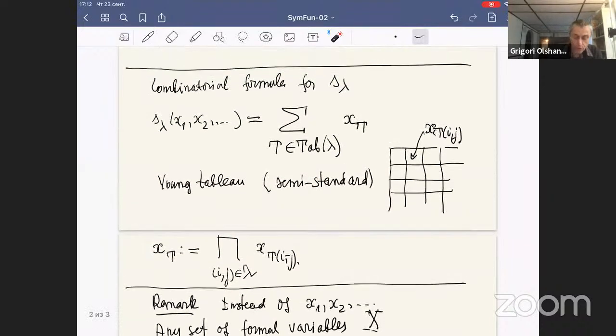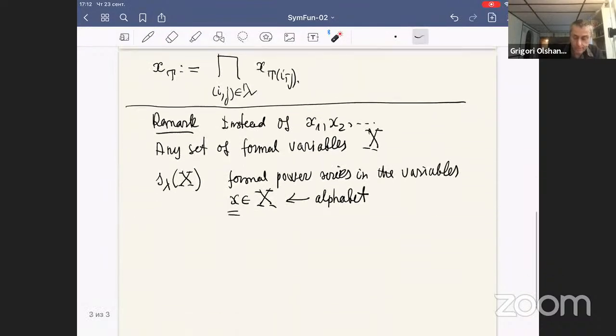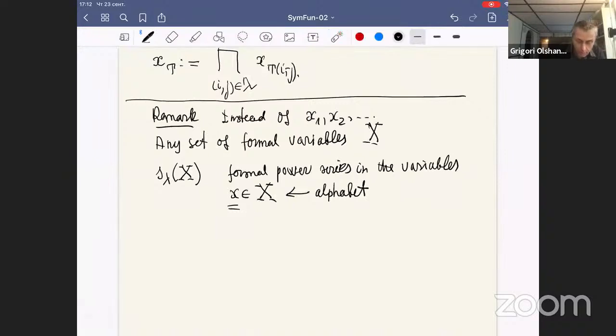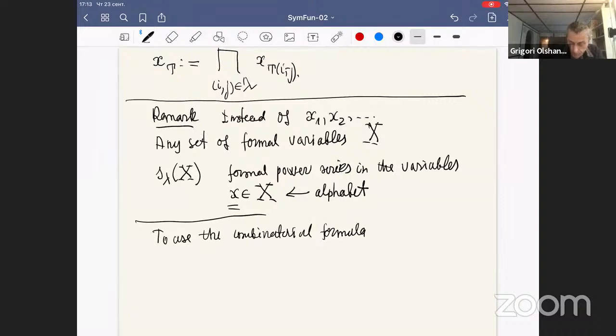But if you want to use the combinatorial formula, we have to assume additionally that our alphabet is totally ordered.